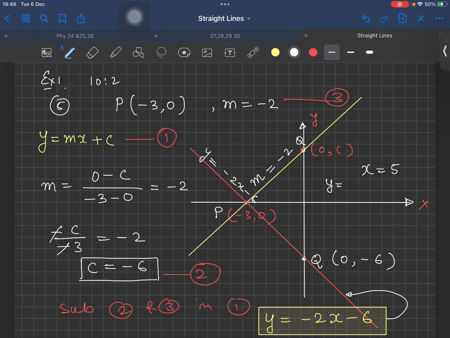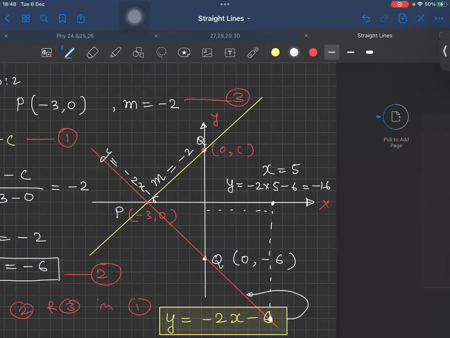Y will be equal to -2 into 5 minus 6. How much is that? -16, right? So if x is equal to 5, y will be -16, and the point will be somewhere here. That's what the meaning is. Understood? Okay, let's move ahead.